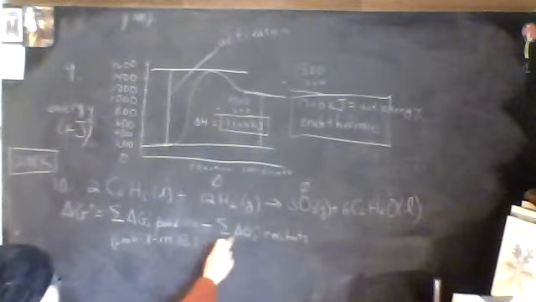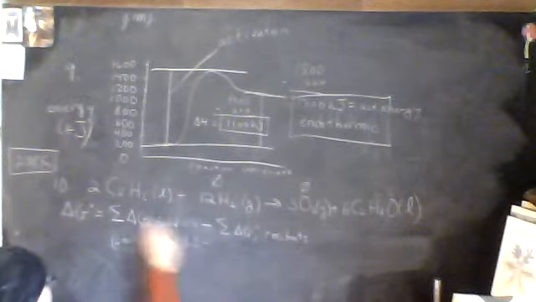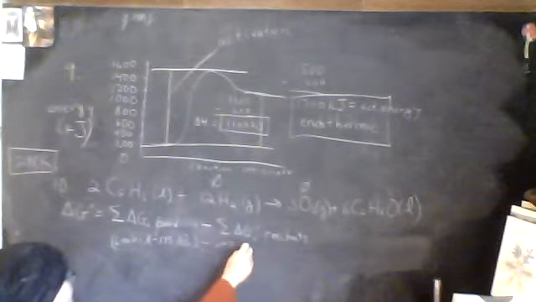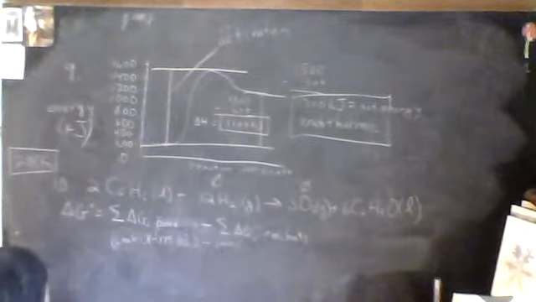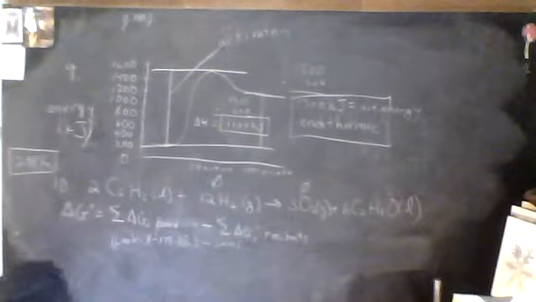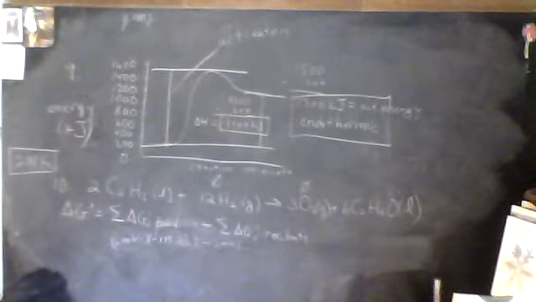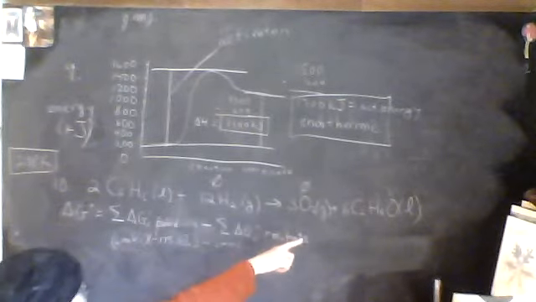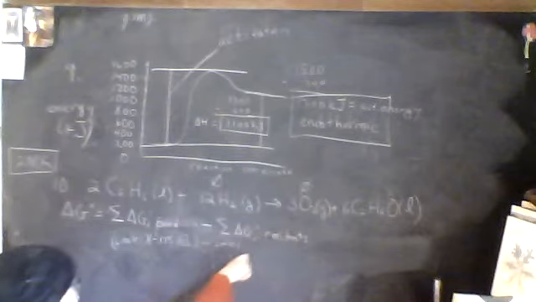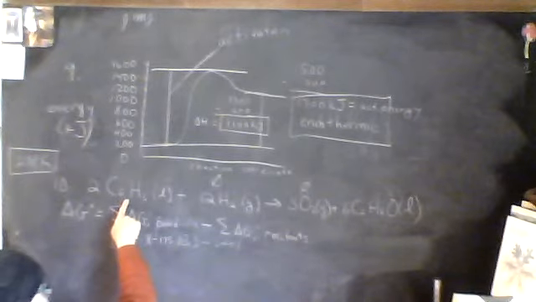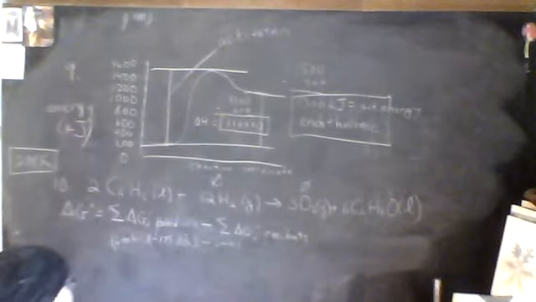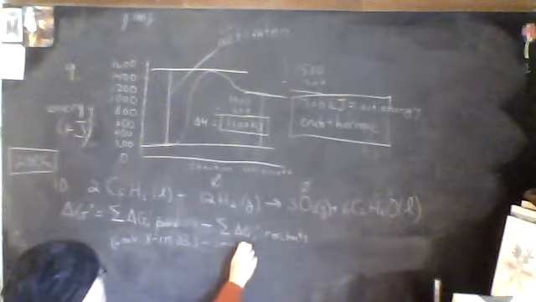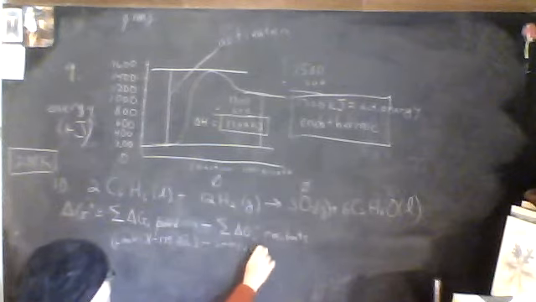And minus, we have 2 moles of this, and what is that? C6H6 liquid. This one is C2H6O, and this one is C6H6. C6H6 liquid is 125 kilojoules per mole. This is positive? Yep.